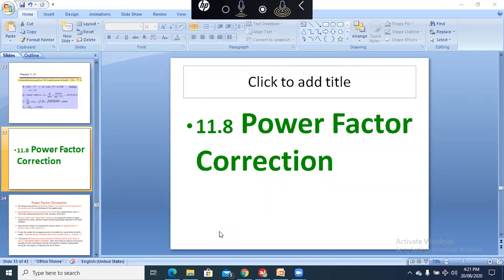That inductive load will decrease the power factor, and the amount of current drawn will increase.